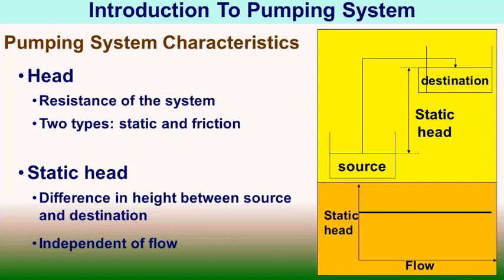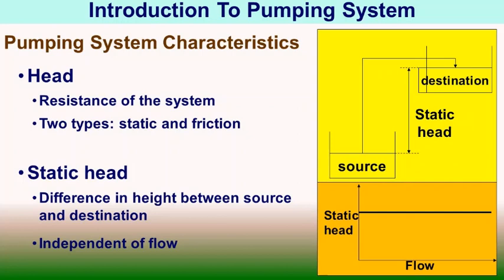Now, the total head is the sum of static head and friction head. Static head is the difference in height between the source and the destination of the liquid, where it is stored, and it is independent of the flow rate.